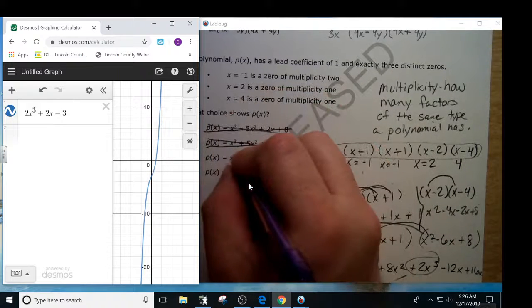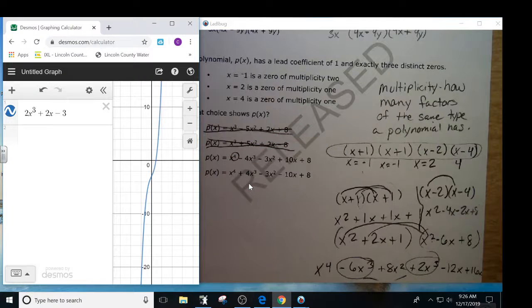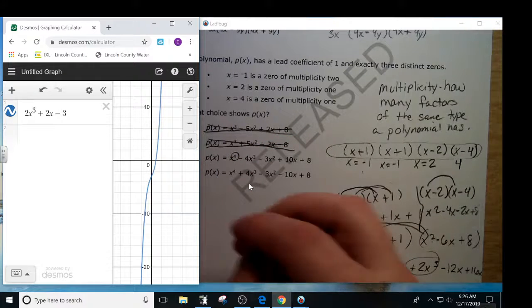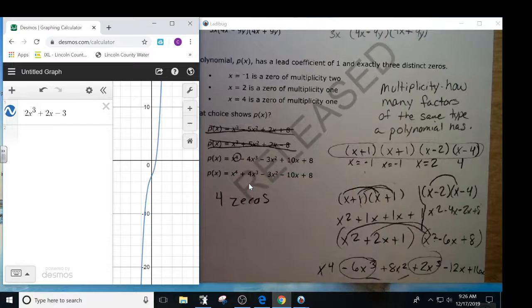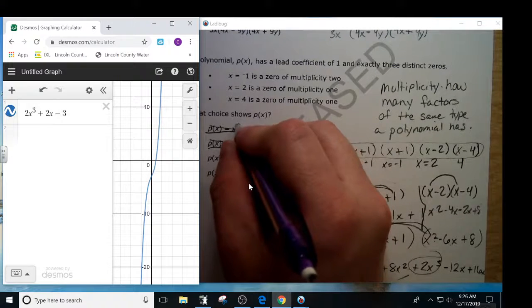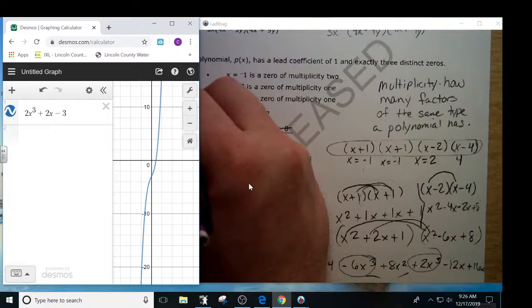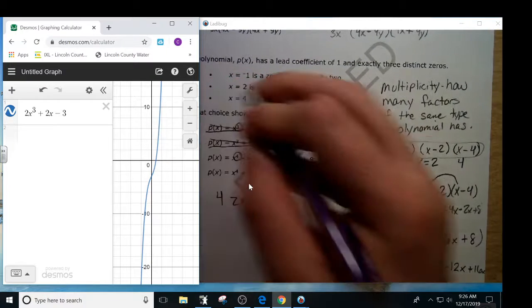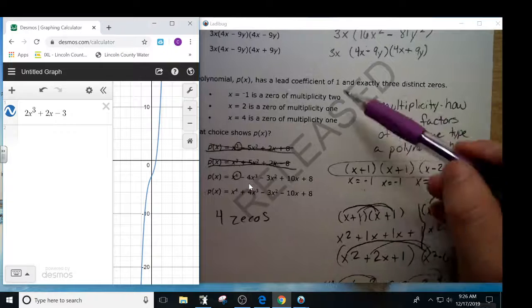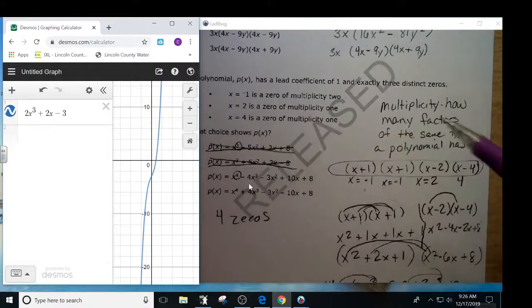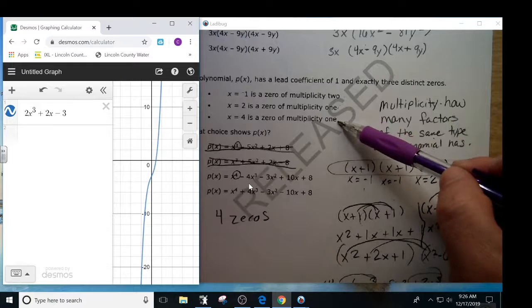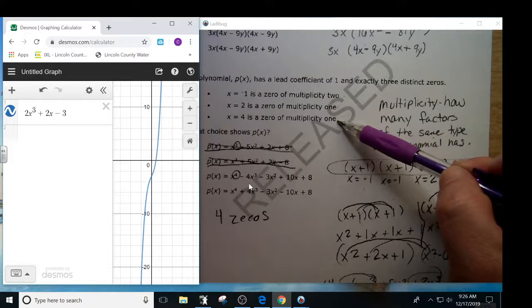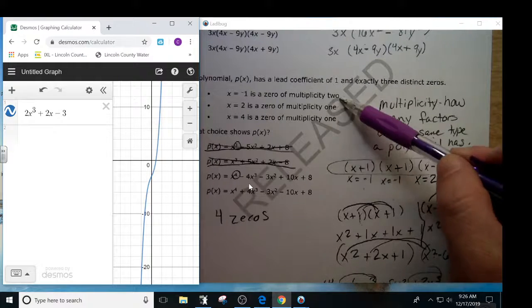All right. If the highest power in your polynomial is 4, that means it's going to have four zeros. If the highest power in there is 3, you're going to have 3 zeros. How many zeros do I have here? I've got 2 negative 1s, 1 positive 2, and 1 positive 4. How many zeros is that altogether? 4. 2, 3, 4.